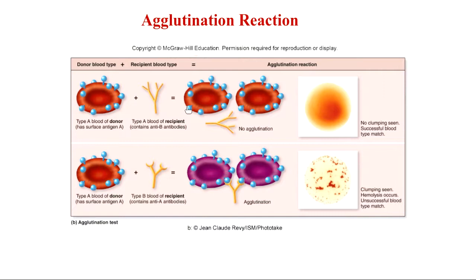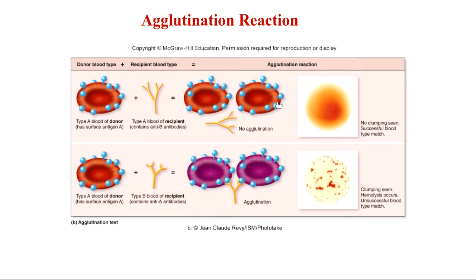Here you see that our donor has blood type A, and the body of our recipient is blood type A. So they are the same, and in the plasma of both of them we have anti-B antibody. So nothing happens in this blood transfusion, and we don't have any clumping or agglutination.